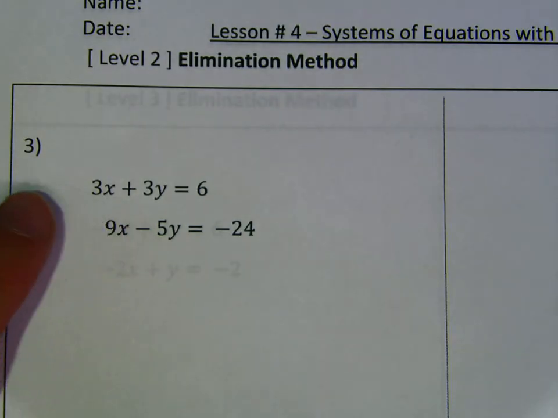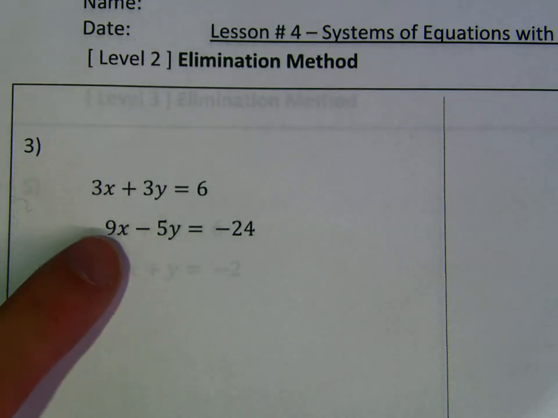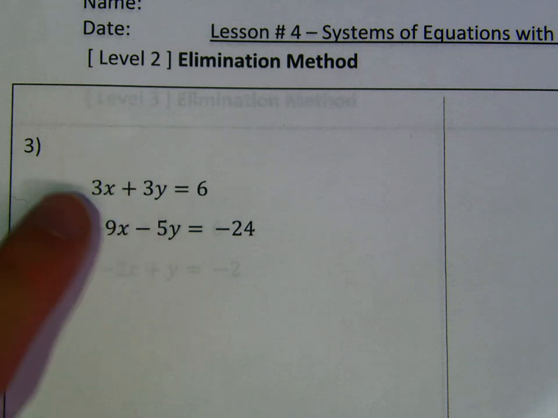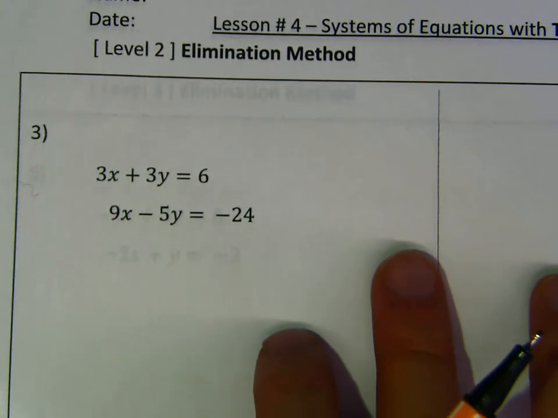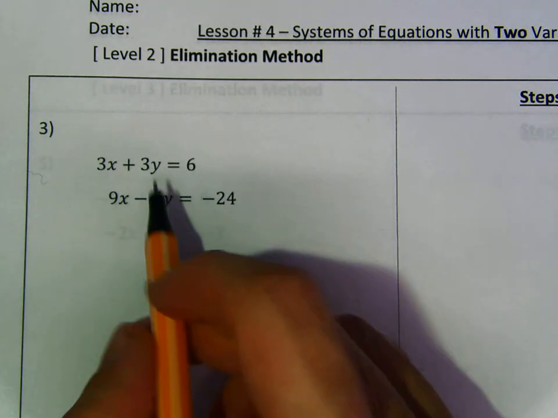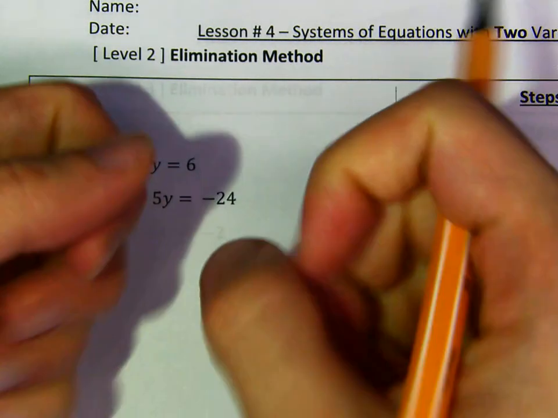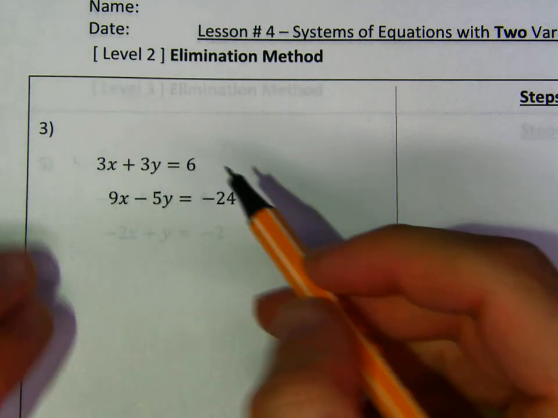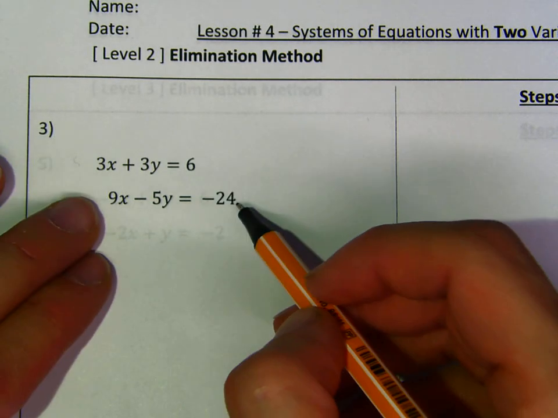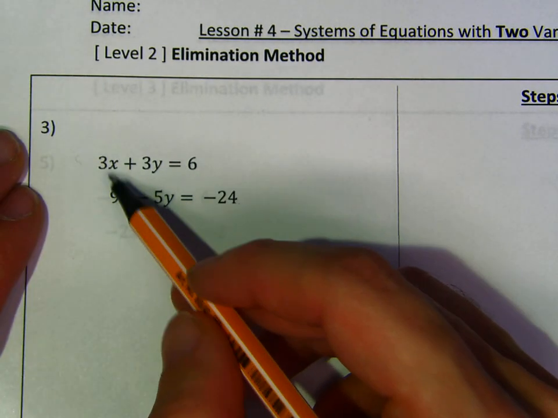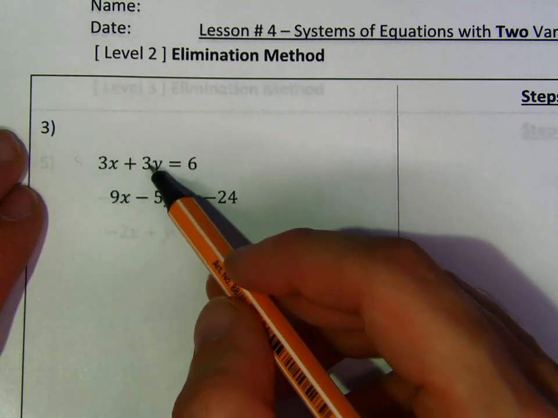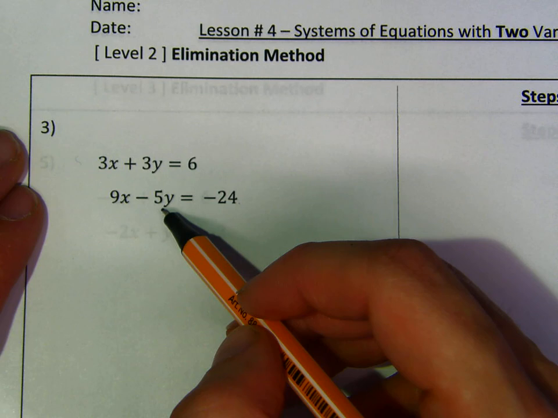But for level 2, oh no, you don't have it. So you want to try to manipulate and change either the first equation or the second equation such that these two are a positive and negative of each other.